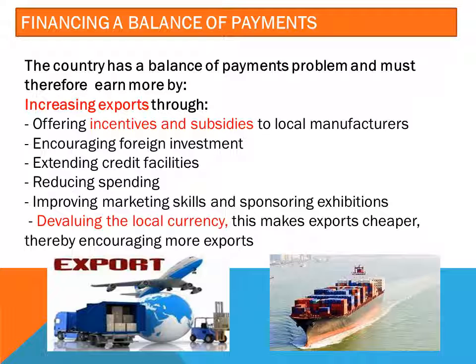Extending credit facilities. Of course, remember funding is a big issue when it comes to business and producing. So by extending loan opportunities to businesses, that could help them produce more, and therefore we can export more. Reducing spending. Government also has to look at managing their spending, right? So that we can have reserves, and we can divert some of that into more productive measures that would help to export.